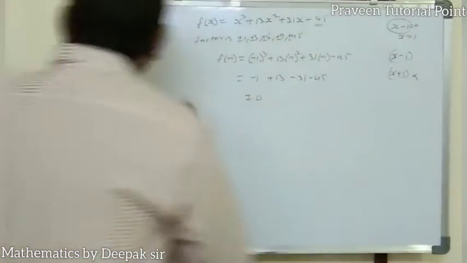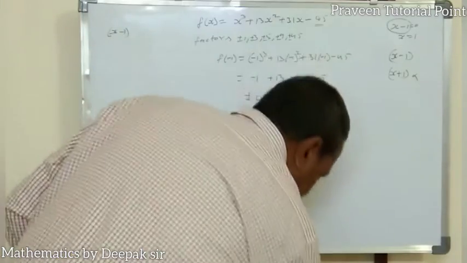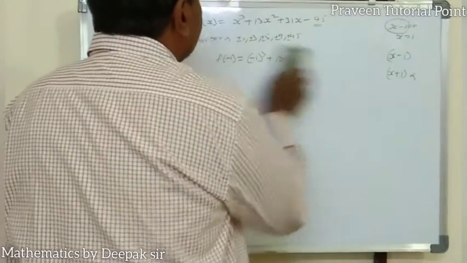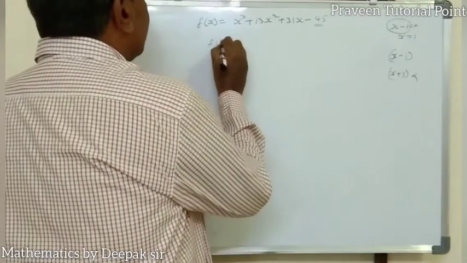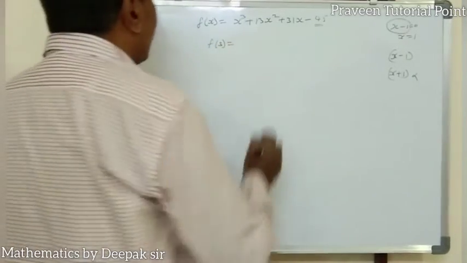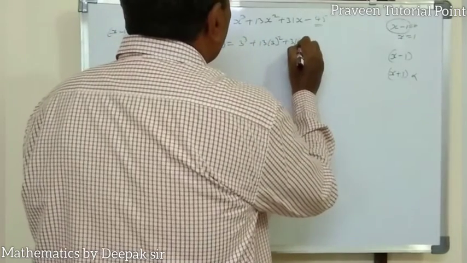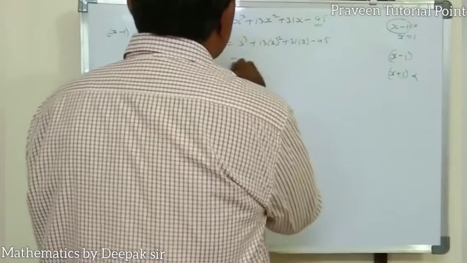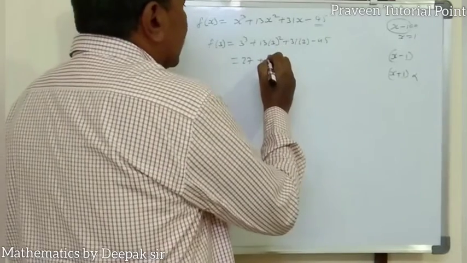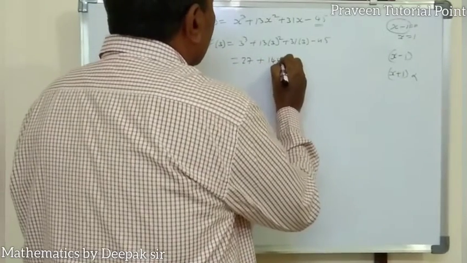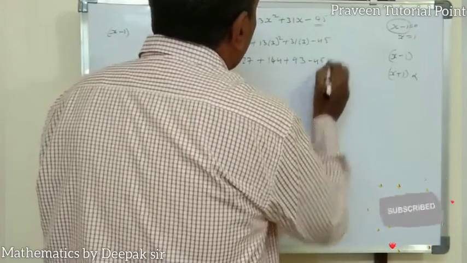So, we got one factor: x minus 1 is one of the factors, and x plus 1 is not a factor. Similarly, f of 3: 3 cube plus 13 into 3 square plus 31 into 3 minus 45. 3 cube is 27, plus 13 nines are 117, plus 3 ones are 3, 3 threes are 9, minus 45.